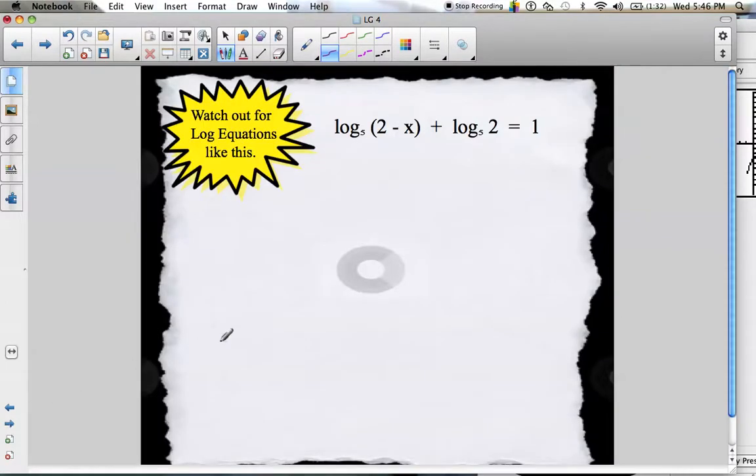Okay, I put this slide in because you really got to watch out, because so often, in most questions, you're always sort of rejecting negative signs. But that's not always the case. And here's a case in point. Okay, when I take this argument and do its restriction, I'm going 2 minus x is greater than 0.